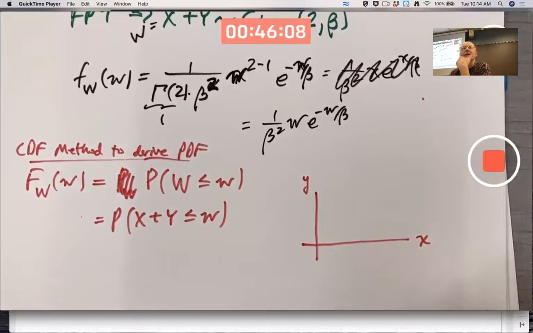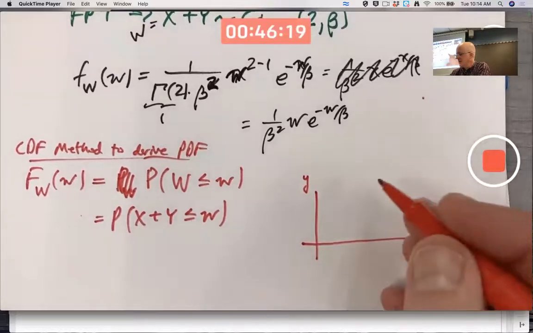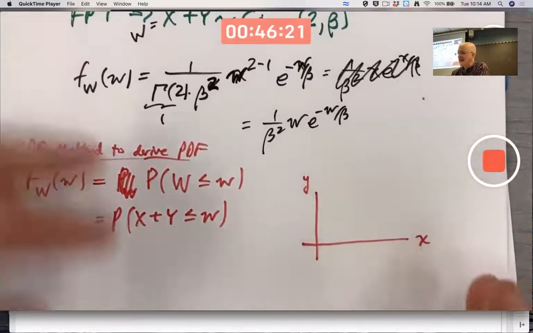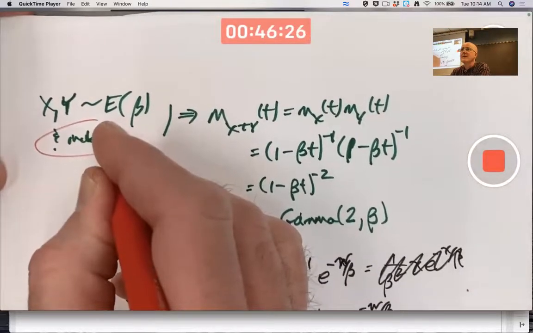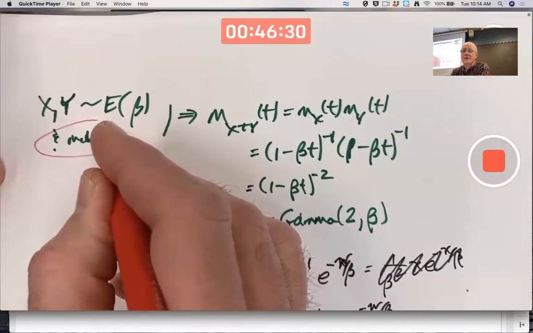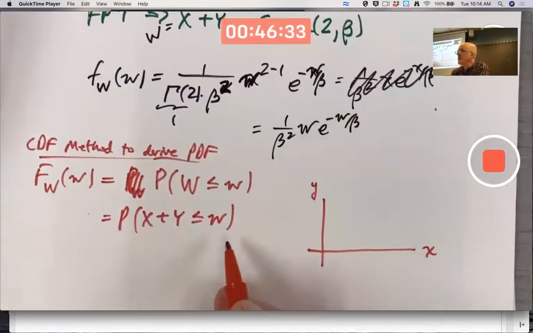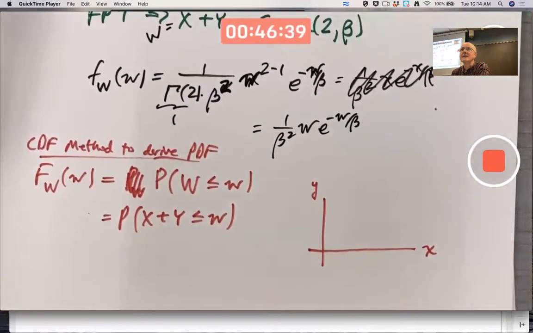That's Chapter 5, the chapter we didn't spend much time on so far. I need the joint distribution, and I need the assumption of independence to help me figure it out. To figure this probability out, I'm going to use the joint distribution and integrate over an appropriate domain in the plane.